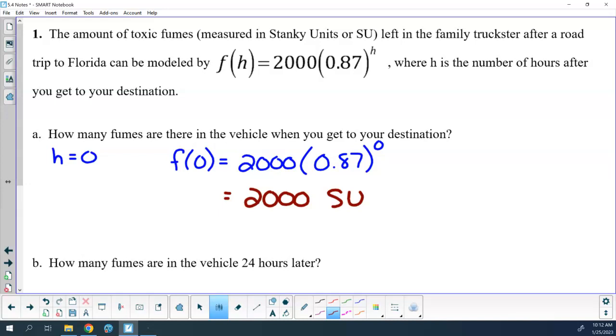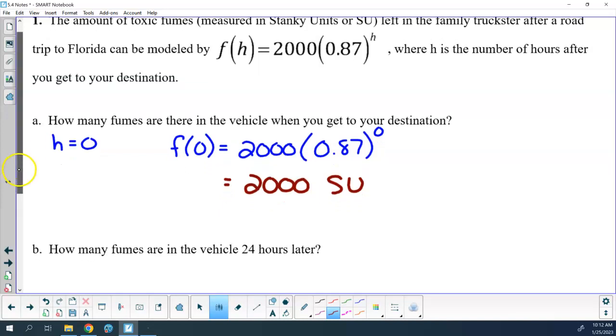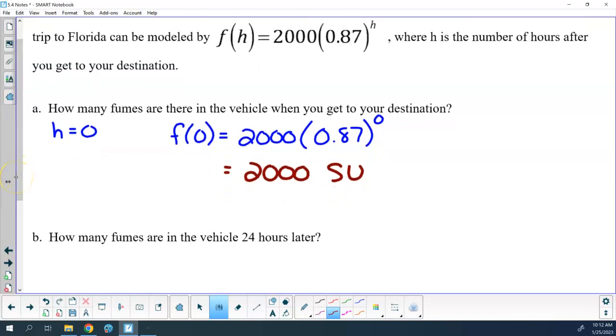Okay? How many fumes, measured again in Stanky units, how many fumes are there in 24 hours? What's h now? 24. So find f of 24.